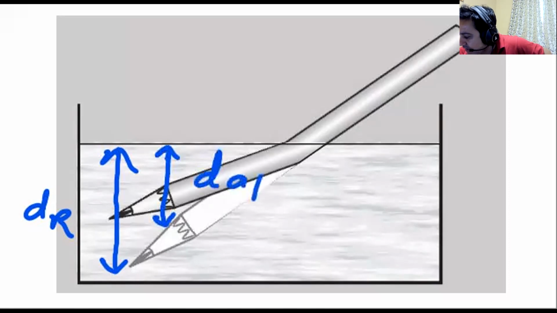Do we understand this? Yes, sir. And this apparent depth is real depth into refractive index of air, that's the incident medium, divided by refractive index of water, which is the refracted medium. Can I have some raised hands that we understand what I am talking about?